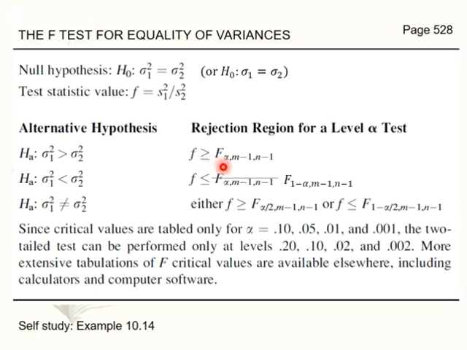Remember, your upper tail area should be alpha, so it's going to be m minus 1, n minus 1 degrees of freedom. And then in the textbook, they give alpha, which is exactly the same as this one, but that's a mistake. I believe it should be 1 minus alpha, because the area to the left should be alpha. So this is the case that they have there. However, I guess it wasn't really a big deal for them, because you can actually always force your hypothesis test to look like this.